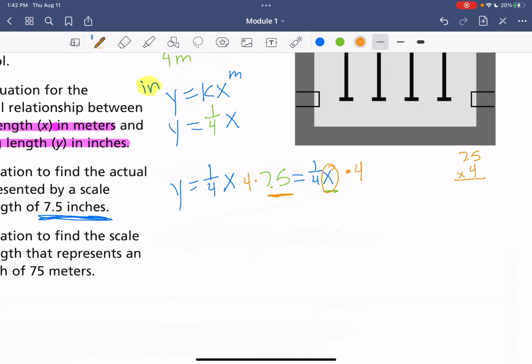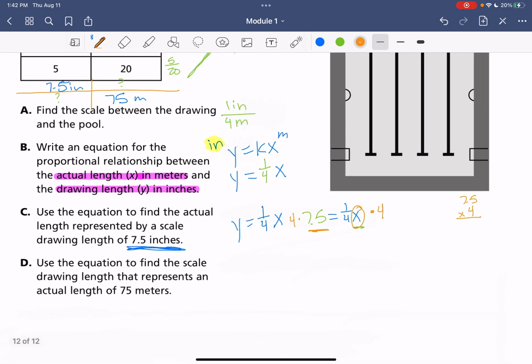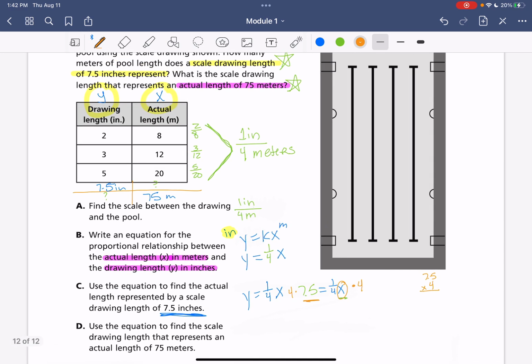And that answer for our x, and again our x is our actual length here, so I can get my eraser here, get rid of this question mark. When we do 7 5/10 times 4, that is going to equal 30.